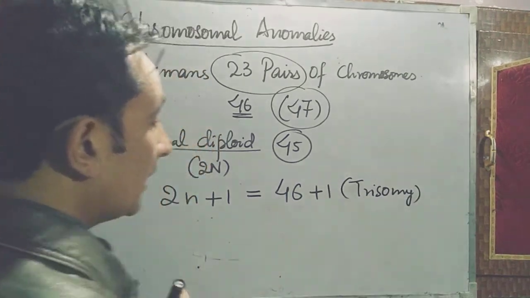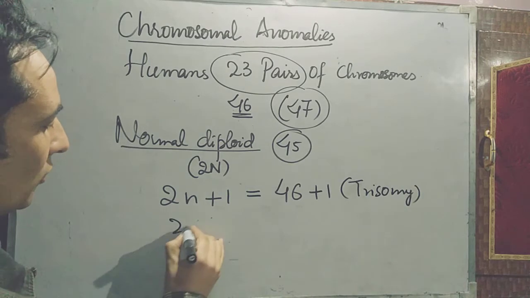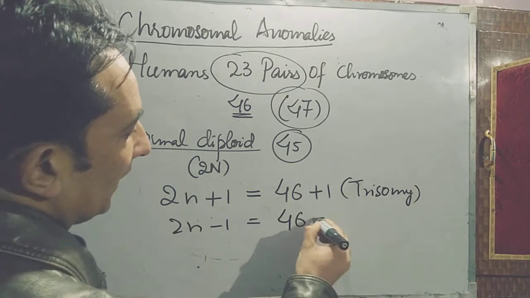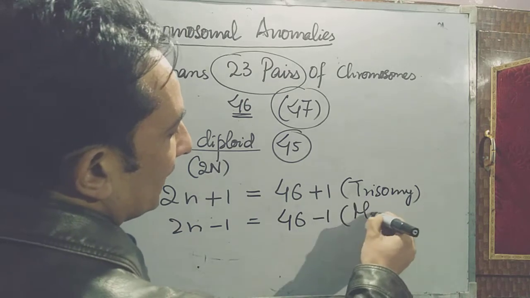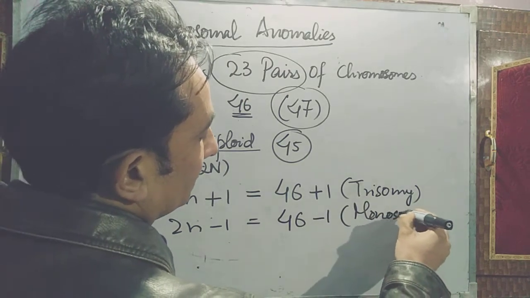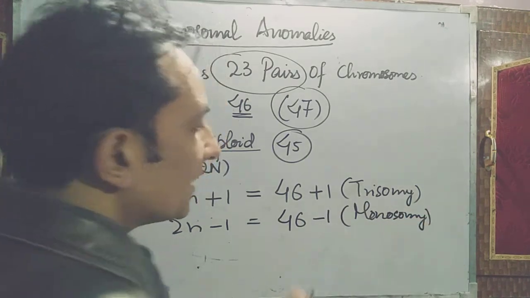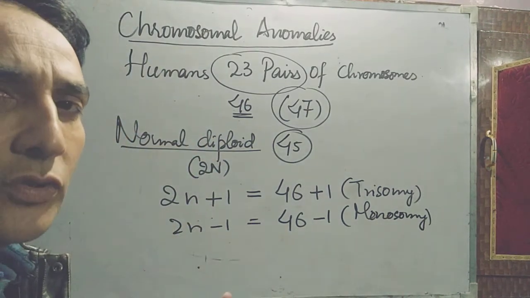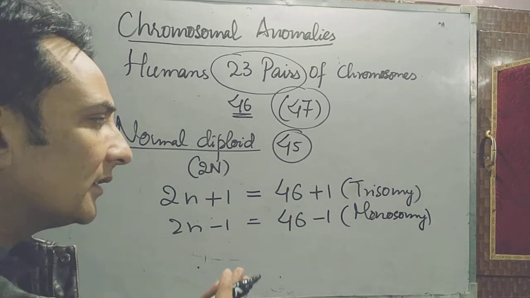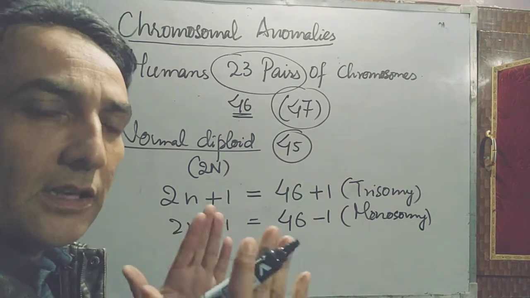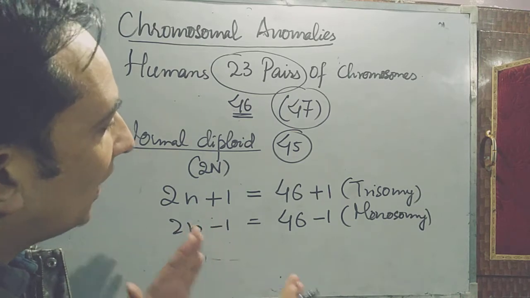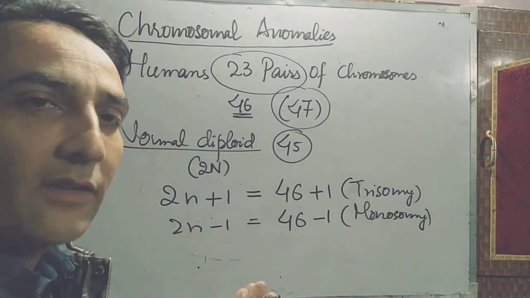Okay, then if the condition is like this, 2n minus 1, the condition is 46 minus 1, it is described as monosomy. The conditions can be different from this also. It can be 2n minus 1 or 2n plus 2, but there are different cases. In your 12th class, you are asked only about monosomy and trisomy cases.